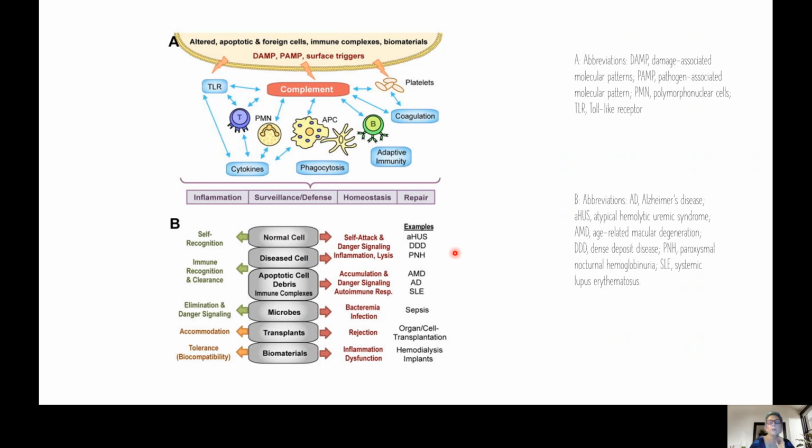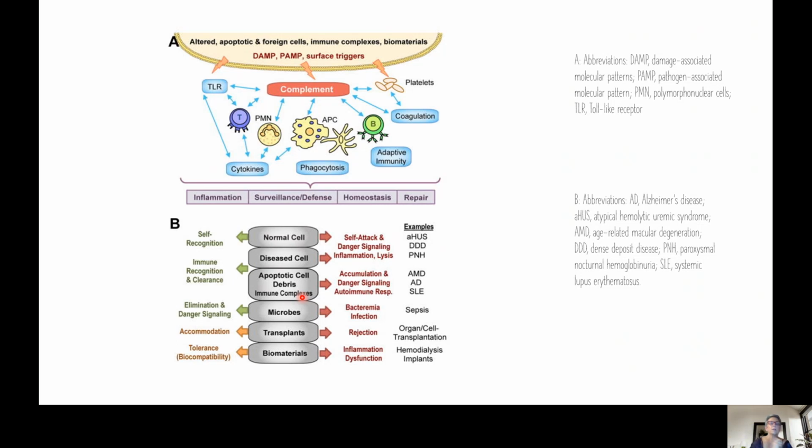You'll see some weird nighttime hemoglobin in your urine. So these are some things that can be examples of when the system has gone somewhat awry, but not to the extent that it's causing significant disease.